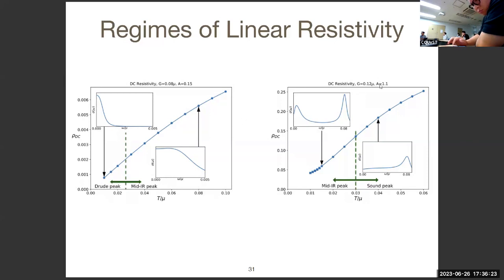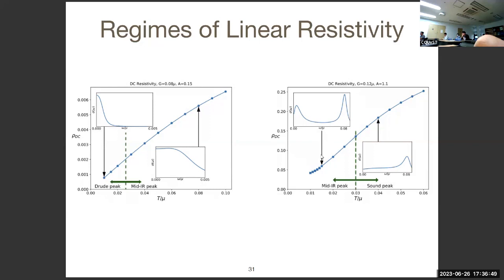If I increase A a little bit to 1.1, then I get a similar thing where I get linear behavior in the resistivity. On the left-hand side, we have this mid-IR peak showing up here. There's also a sound peak, which would always be there because this is on a lattice. And then what happens is that this mid-IR peak collides with the sound peak, and then you just have one peak on the right.